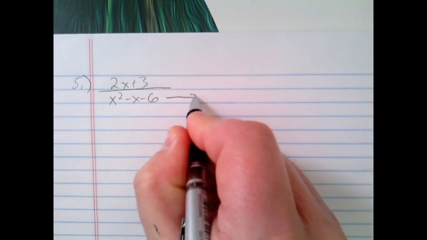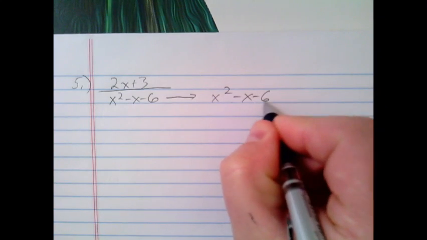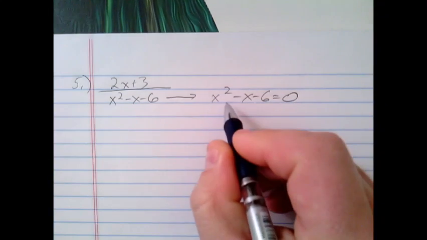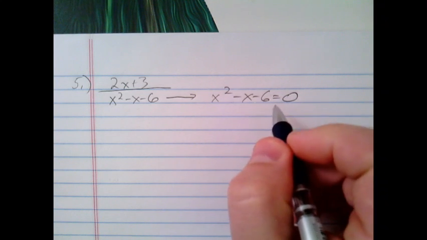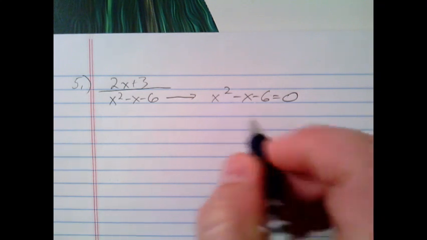Alright, there was one more of this type, problem 5. Same strategy as before. We're going to take our denominator, set it equal to 0. Now, my denominator is quadratic, which suggests factoring it and trying to make it similar to the last problem.